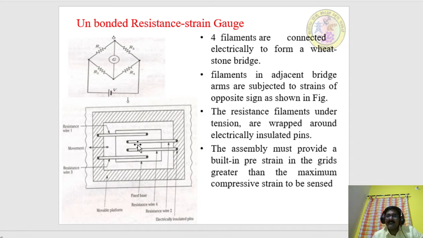assembled, right? At the end they have been insulated using a certain insulator to avoid electrical leakage, and moreover the filaments adjacent in the bridge arms are subjected to strains of opposite signs as shown in the figure, and the resistance filaments are under tension or wrapped around electrically insulated pins.